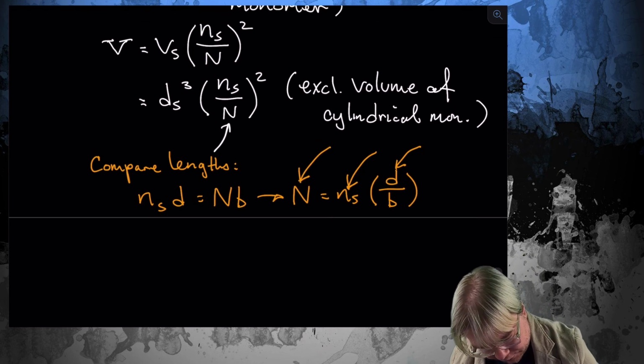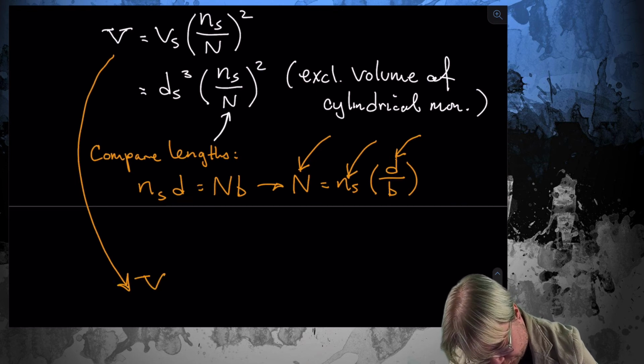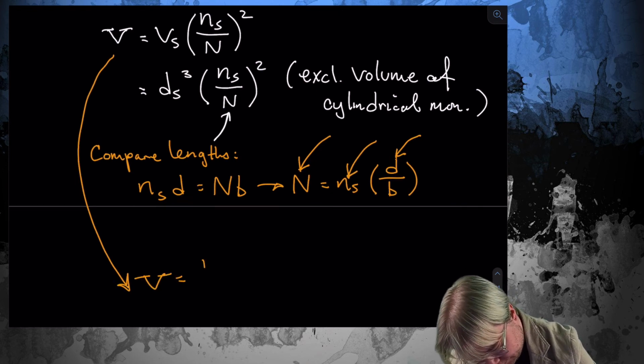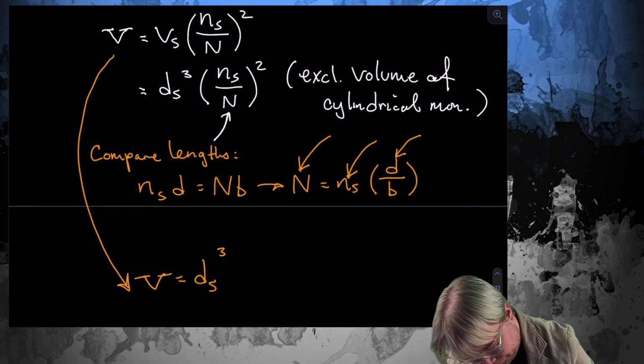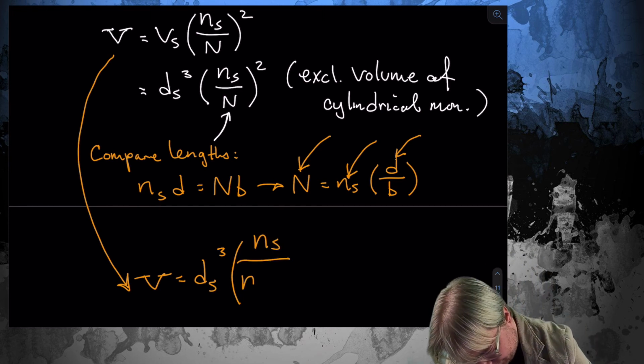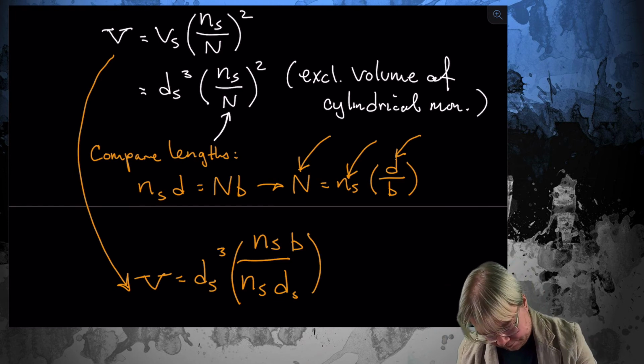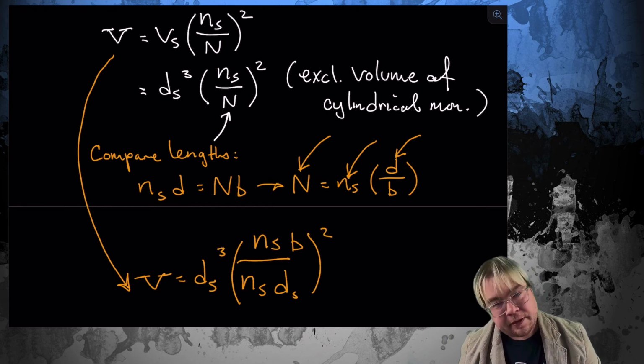But now I can put that in here. So this means that the excluded volume in the cylindrical case should be d_s cubed times n_s divided by, let's substitute in for capital N, n_s times d_s, and then we get b in the numerator squared.